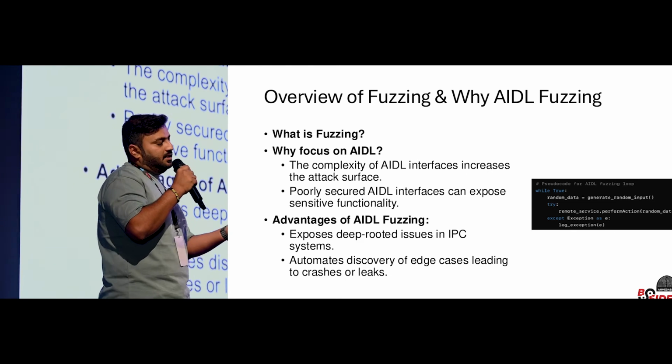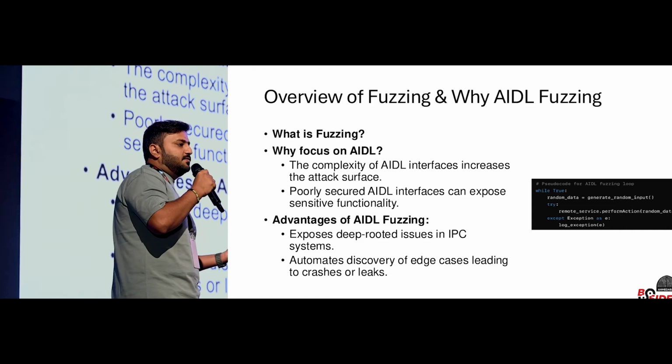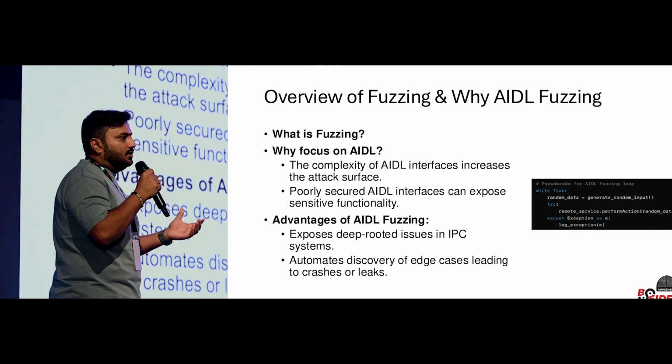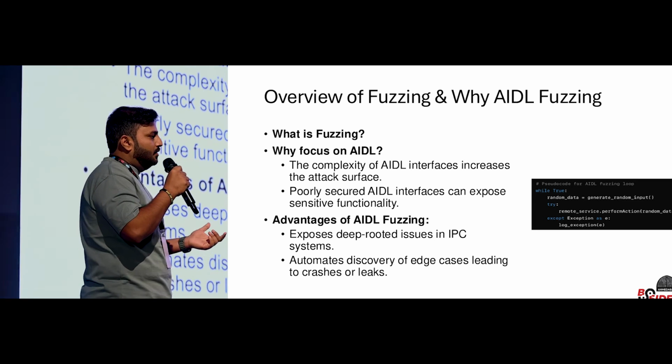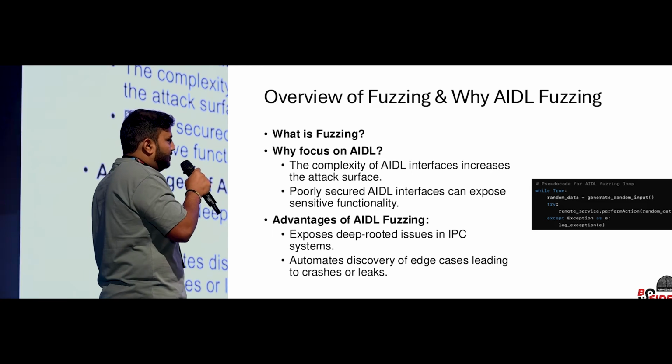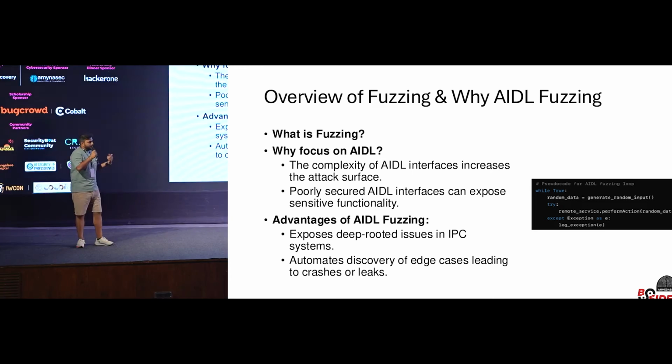And the interesting part with AIDL fuzzing is that it is grammar-based fuzzing; you cannot randomly supply anything and expect it to work fine. Because AIDL has its own syntax, AIDL has its own set of variables that it accepts, and if that is not met, it would just reject the parcel and wait for the next one.